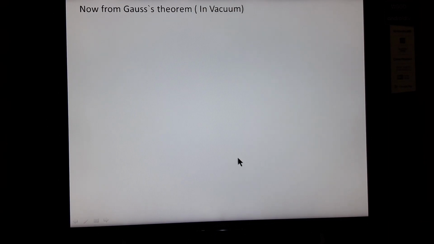Now, from Gauss's theorem in vacuum, we know that the divergence of electric field in free space is related to its charge density by this relation, a very important relation in electrostatics, where epsilon naught is the permittivity of free space.